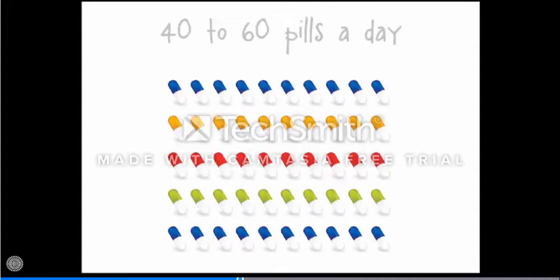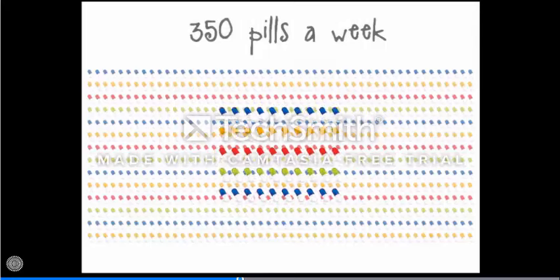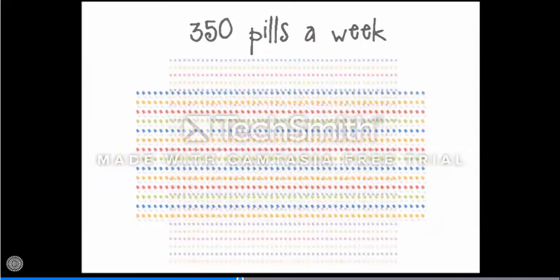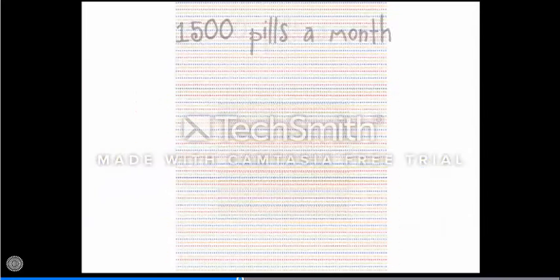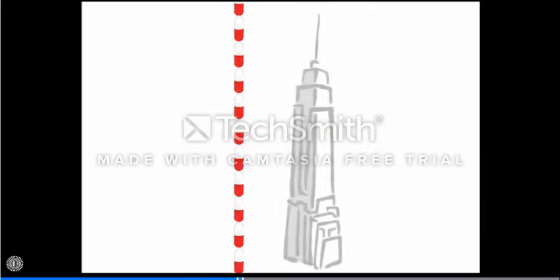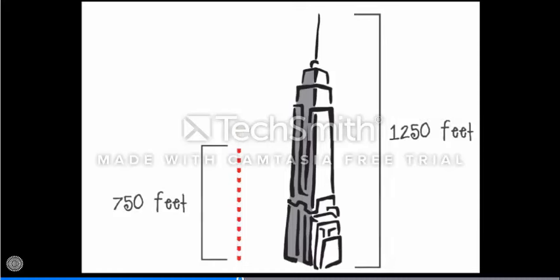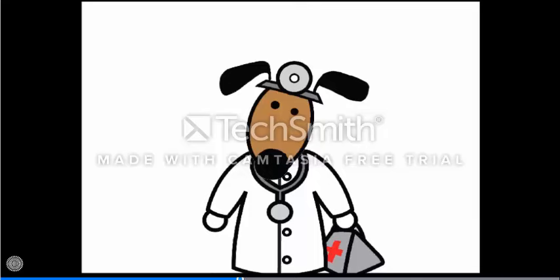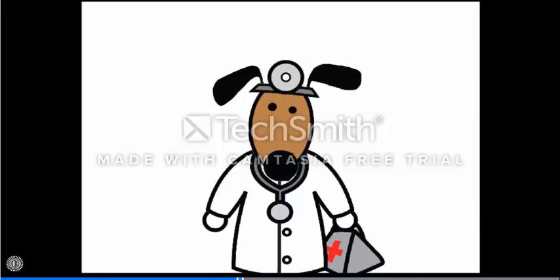On average, we have to take 40 to 60 pills a day. That's 350 pills a week, and 1,500 a month, and 18,000 a year. If you were to stack a year's worth of pills end to end, they would reach 750 feet tall. That's more than halfway up the Empire State Building. Wow, that's a lot of pills.